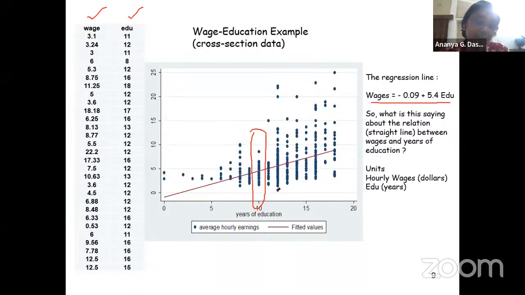There are actually huge variation in wages, even when you fix education at 10, right? So here we interpret this as an extra year of education increases wages by $5.4 because wages are measured in dollars and education is measured in years, okay?